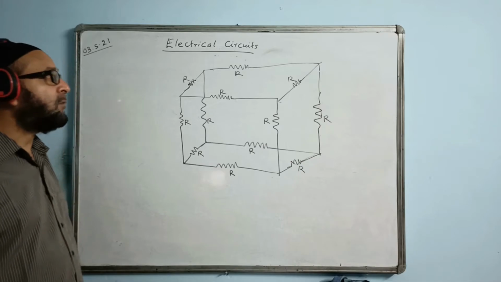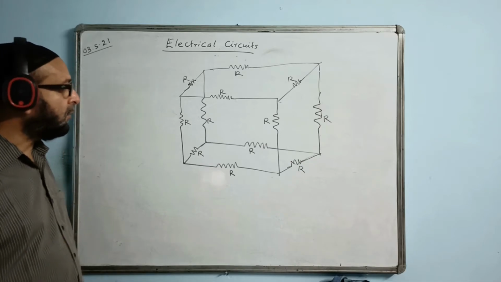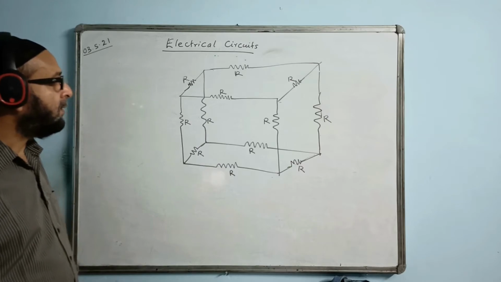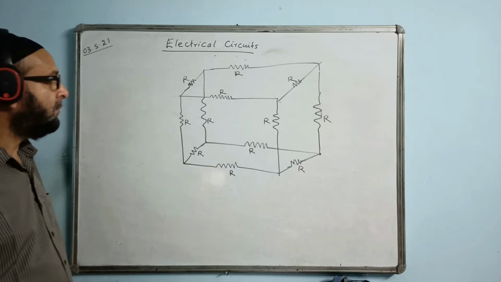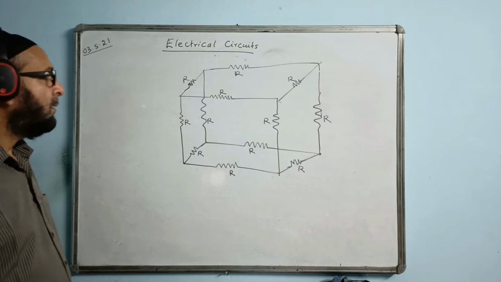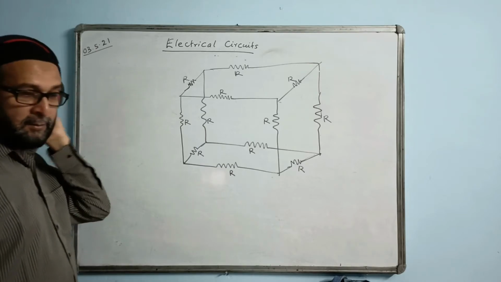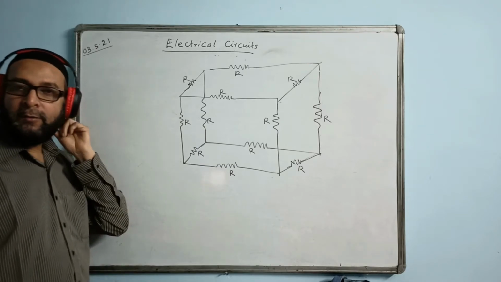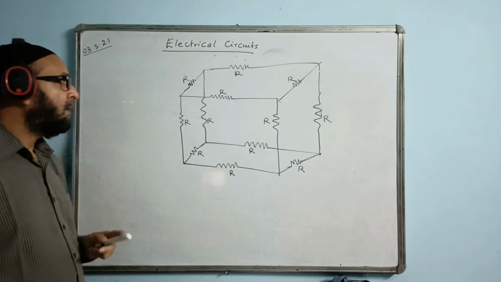Okay, and they are asking find a total resistance between any two opposite corners. How to find? There we will be using Kirchhoff's law and find the total resistance.